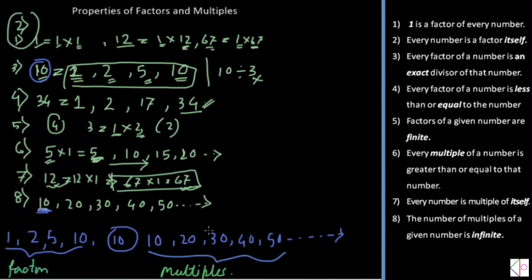Now we take the value 10 as a number. You see, in the case of factors, the highest factor is equal to that number, as we take the number here, it is 10. And in the case of multiples, that number is the smallest multiple. So that is the relation between multiples and factors.